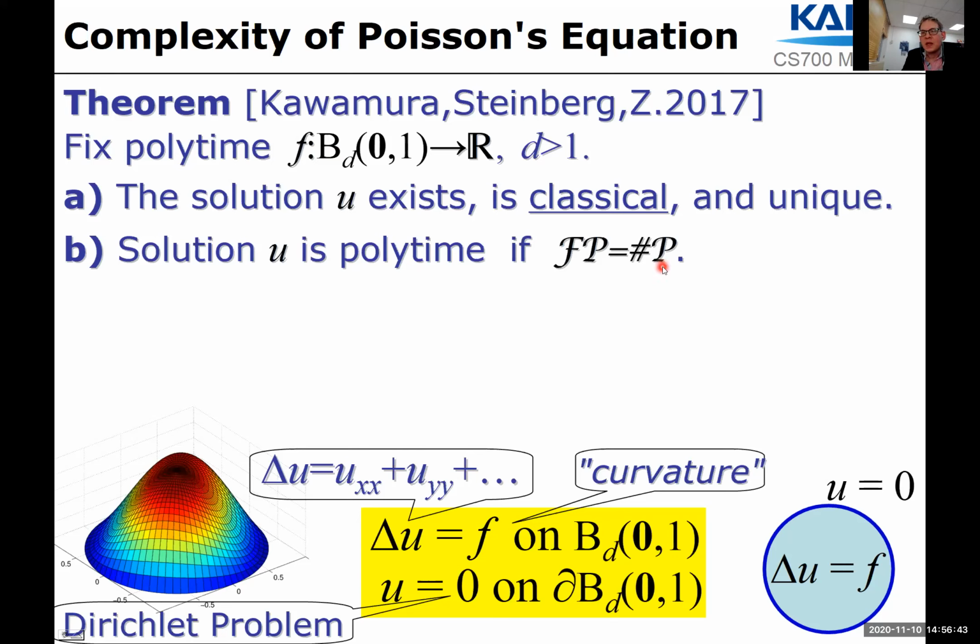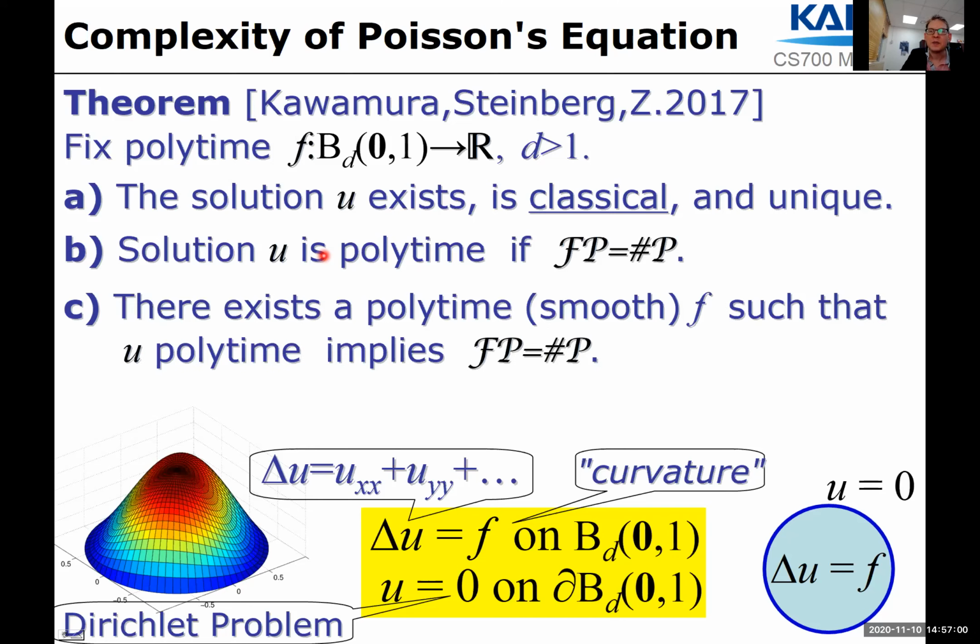So the baseline is that under this strong hypothesis, the solution is polynomial time computable. And the third important contribution of Florian Steinberg, the optimal hypothesis, is that there exists a polynomial time computable and actually even smooth right-hand side function such that if the solution U is polynomial time computable, then these two discrete complexity classes coincide and there is a significant collapse happening in the complexity hierarchy.